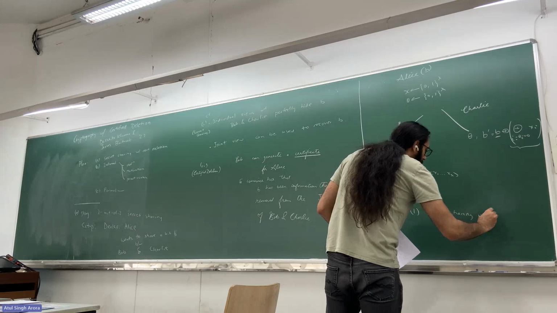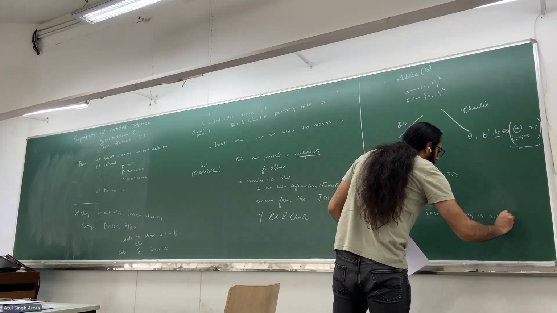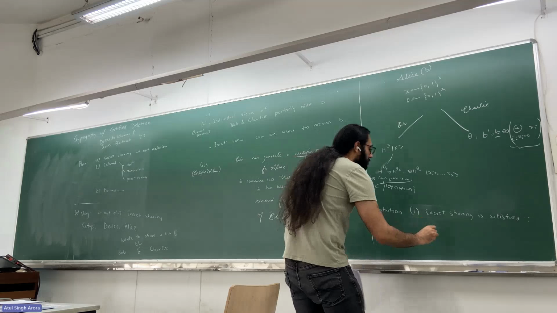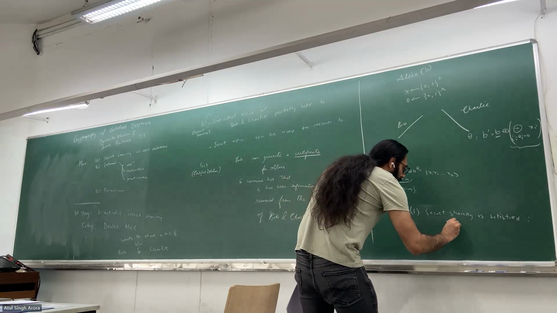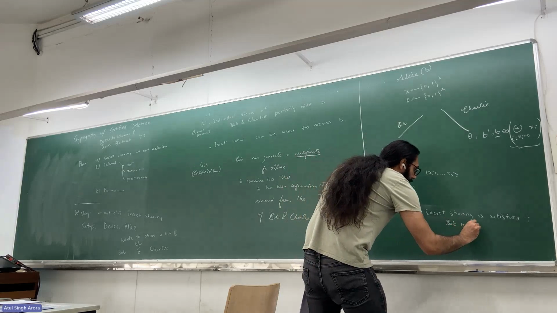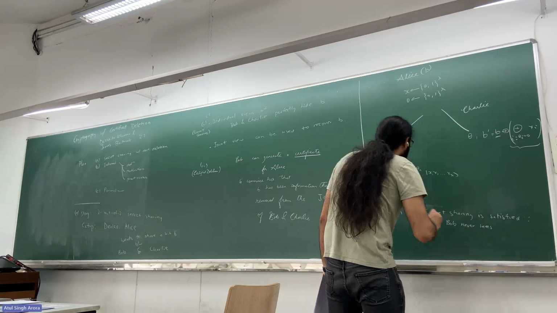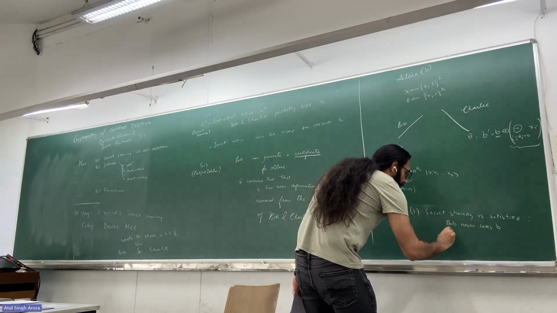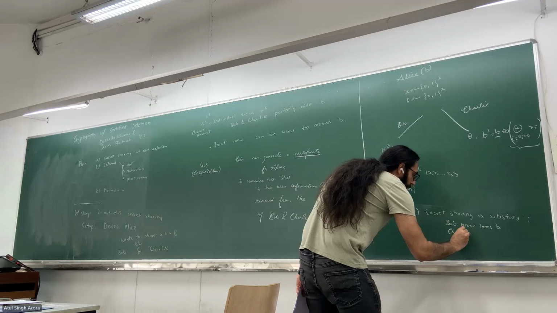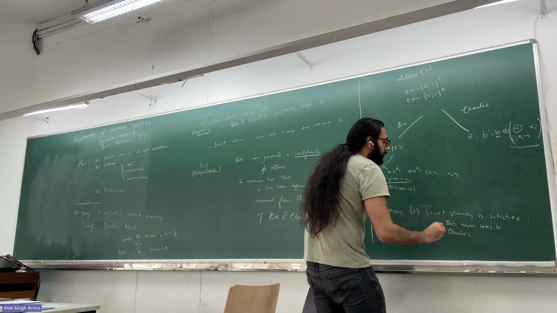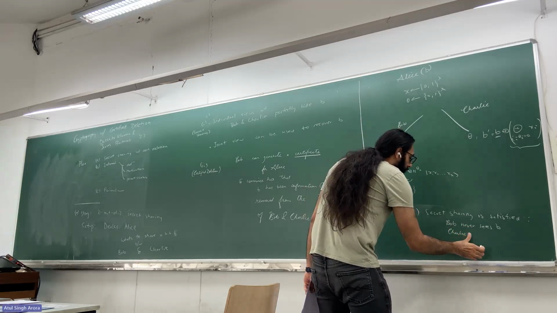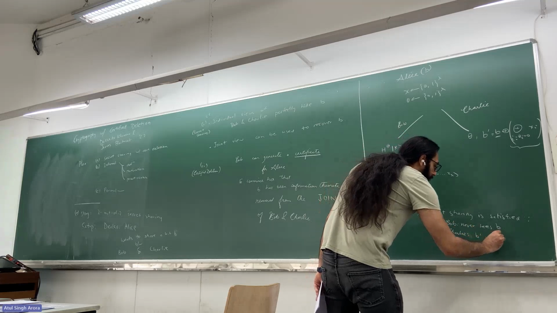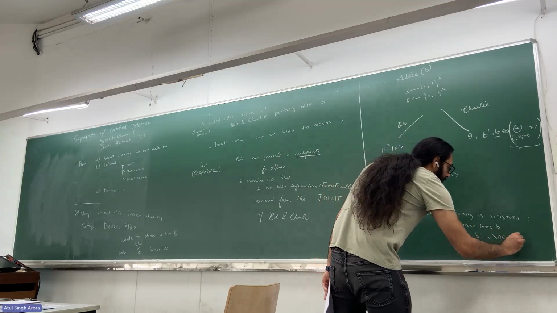It is satisfied because Bob never sees B, and for Charlie, B is XORed with a random string, XORed with a random bit actually.